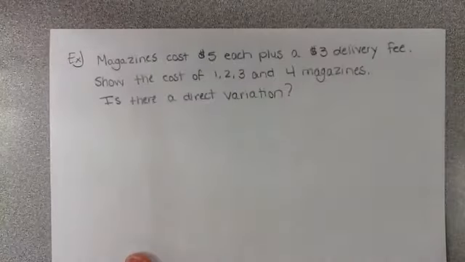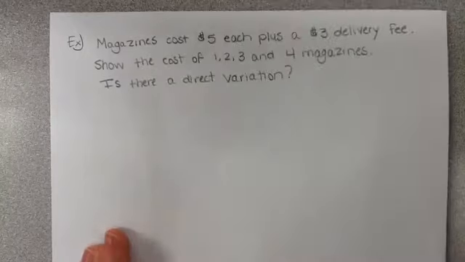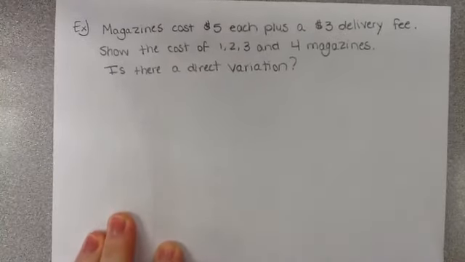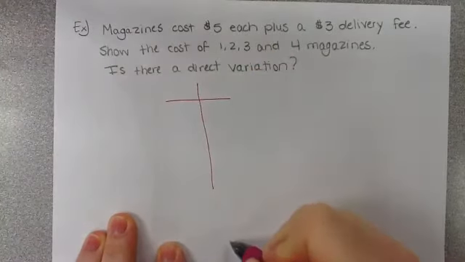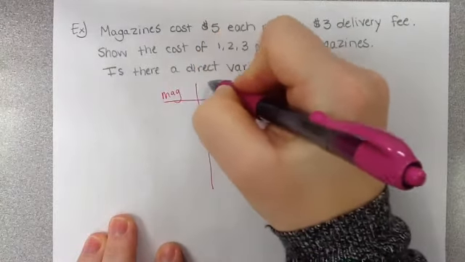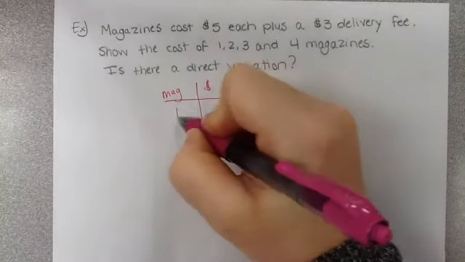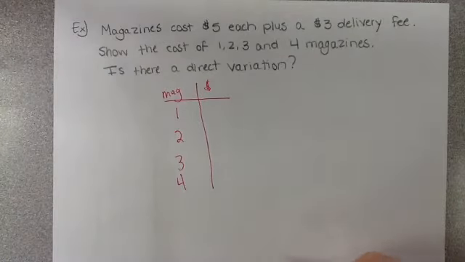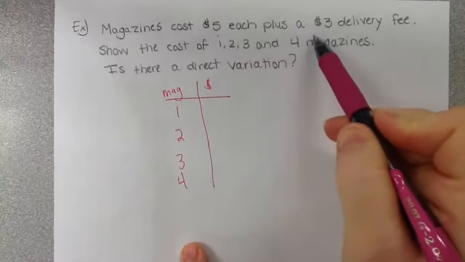Let's look at this next one. Magazines cost $5 each plus a $3 delivery fee. Show the cost of 1, 2, 3, and 4 magazines. First thing you need to do is make a table. So we'll go magazines and cost. So we need to find the cost for 1, 2, 3, 4 magazines. Each magazine is going to cost $5 plus $3 delivery fee.